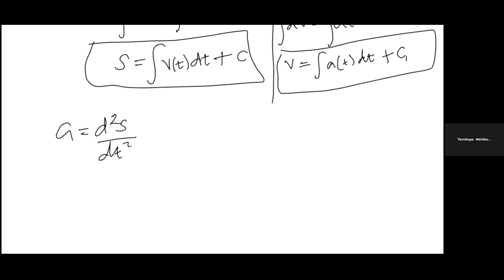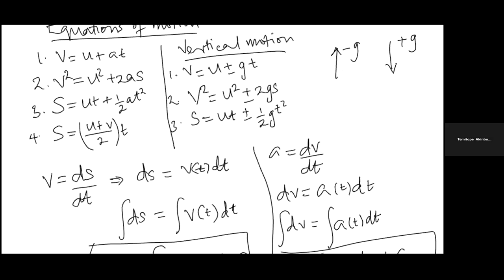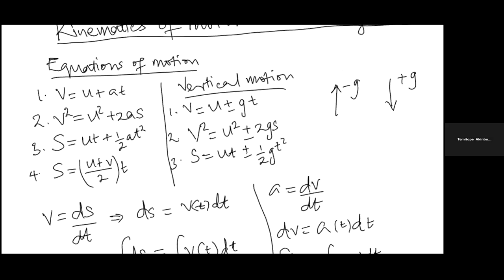Let me box it with blue. These ones we take care of horizontal straight line motion, while these ones we take care of vertical. So take note of the disparity between them. Now, we can also link this to the velocity time graph.